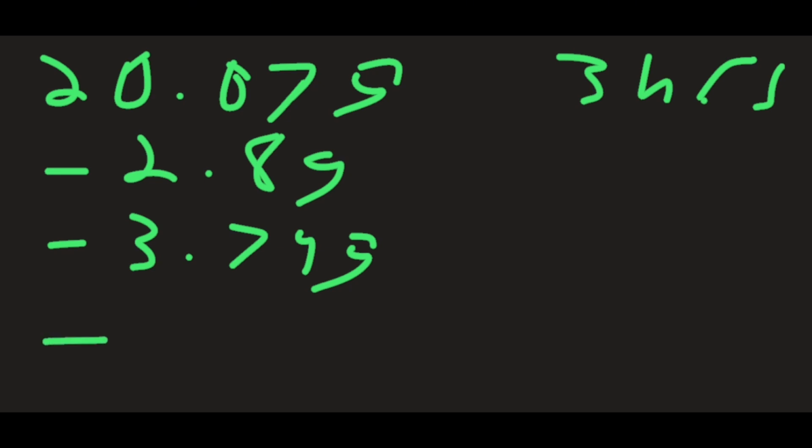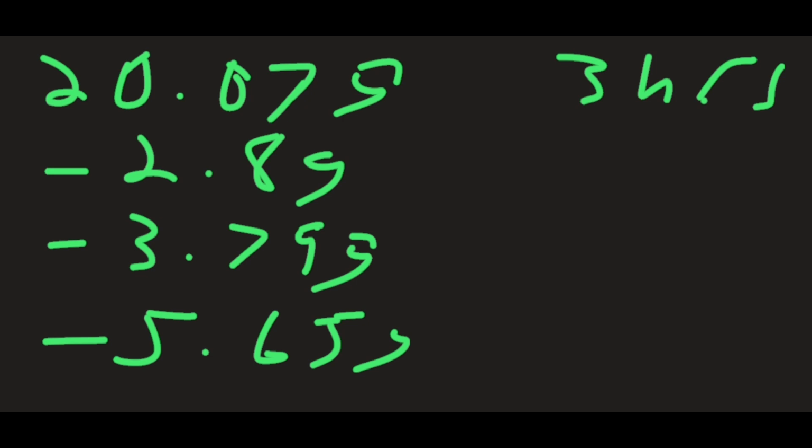Then, during that final hour, it lost 5.65 grams. So it slowly began to lose more and more mass. Now, when looking at this problem, we technically have 4 different values involved. We have the original value and then 3 different masses being subtracted from that original value.